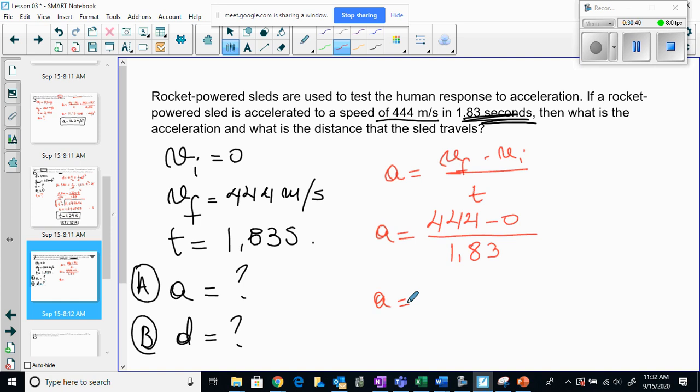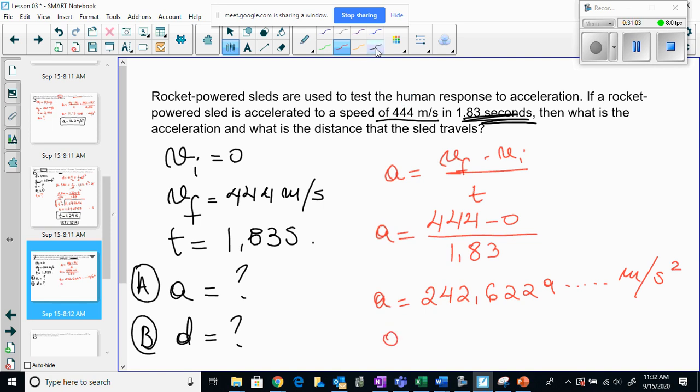What the calculator gives you is 242.6229 and some others meters per second squared. But you have to record it into 3 sig digs.